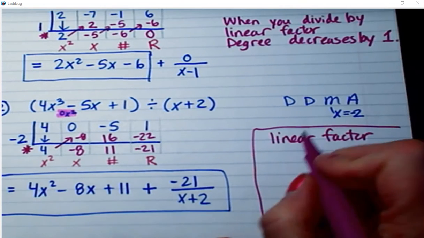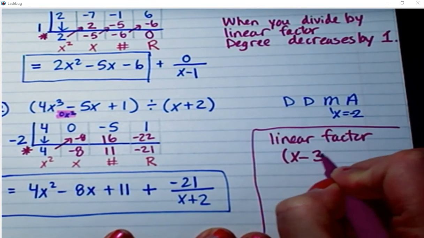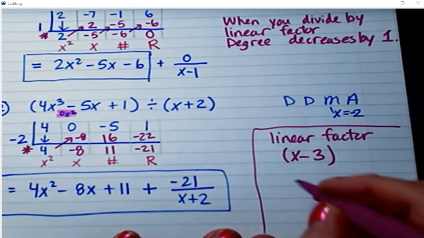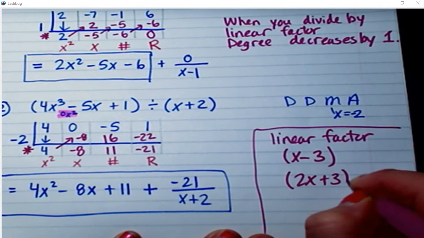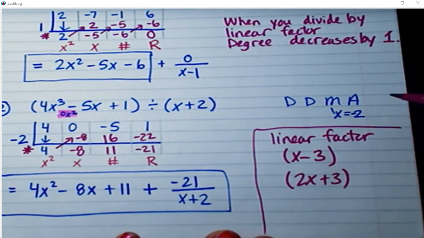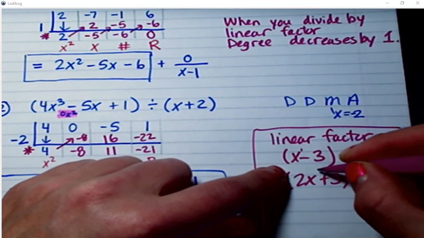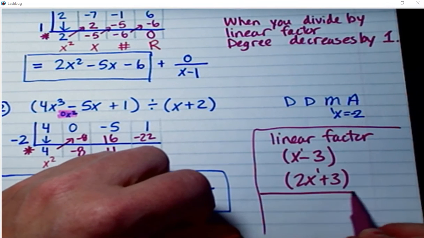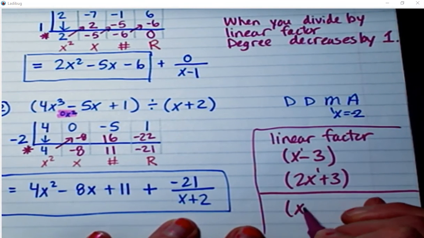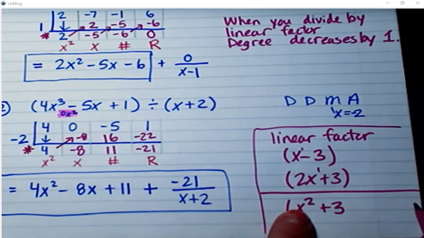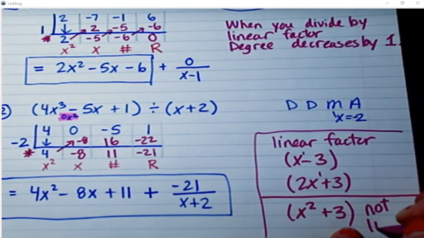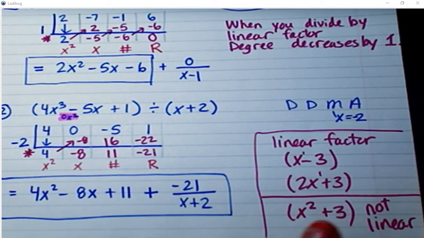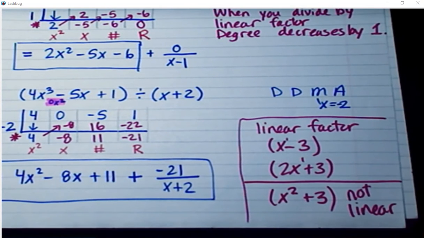Okay, linear factor looks like this. Technically, a linear factor is anything with a degree of 1. So something that's not linear has a degree of 2. Does that make sense? You'd have to do long division with not linear.